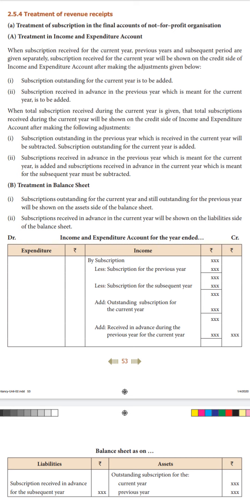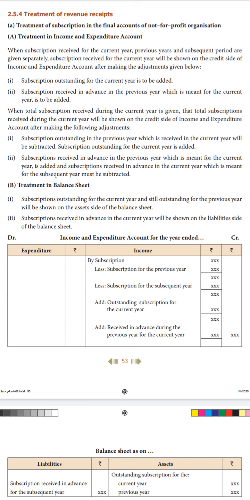If you have paid rupees 10,000 as advance in the last year itself, that amount is supposed to be paid in this current year 2020-21. So you have to add up that amount also, which you have received in advance in the previous year for the current period.